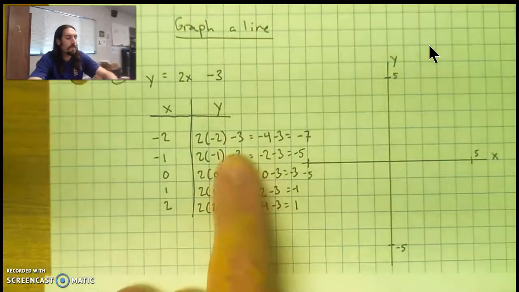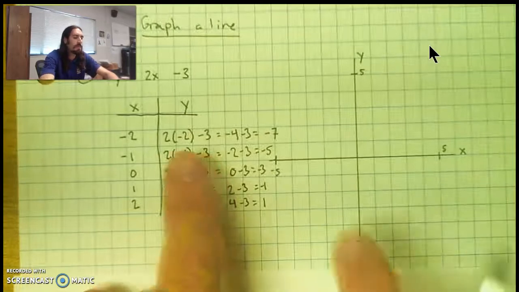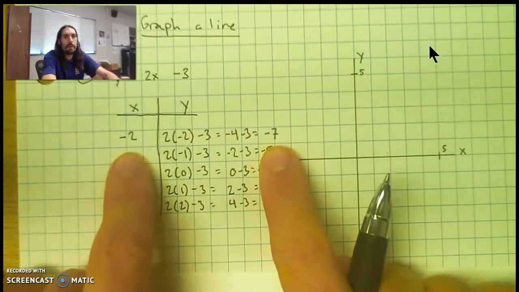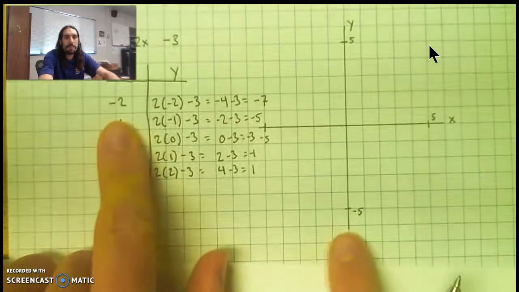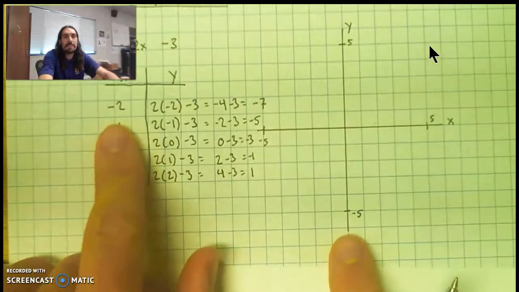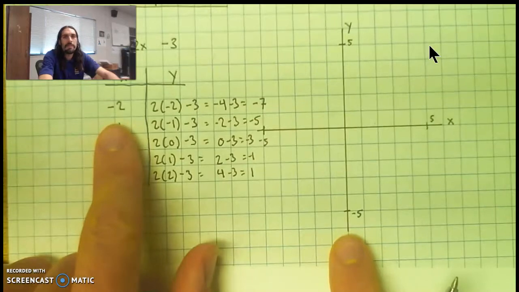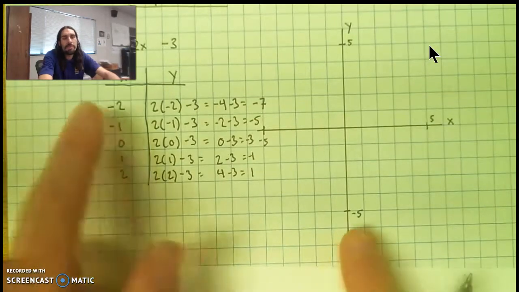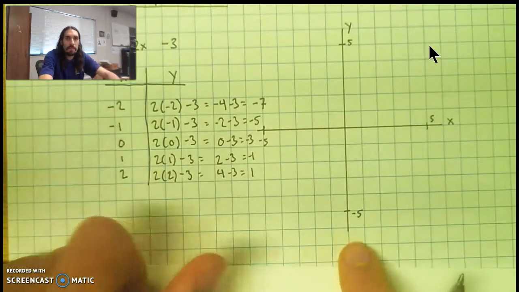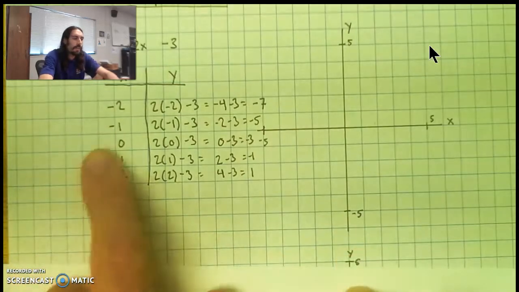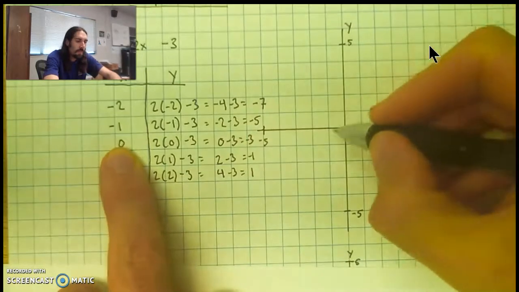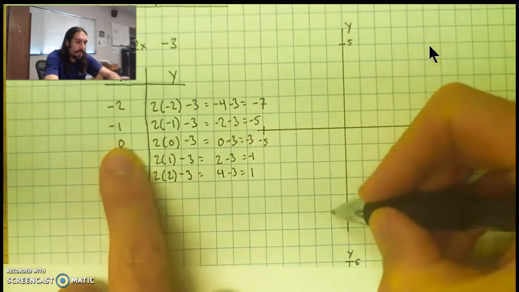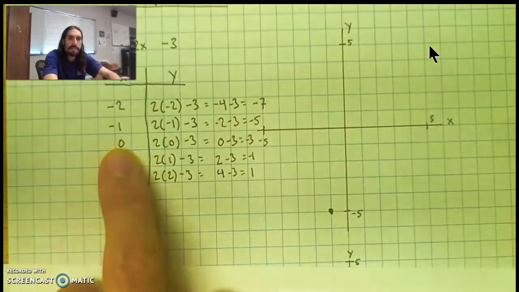And so my first ordered pair right here would be negative 2 comma negative 7. But right now my graph only goes to about 6. And so what I want to just hint at is that if the points don't fit on the graph, you just don't plot those points. You're only going to plot what fits. So I can come to my second point, negative 1, negative 5. So if I come over to my graph, negative 1, down 5, I'm going to have a point right there.